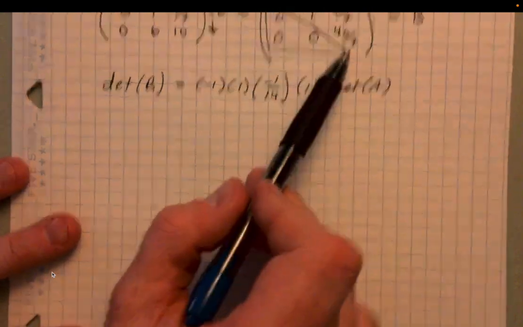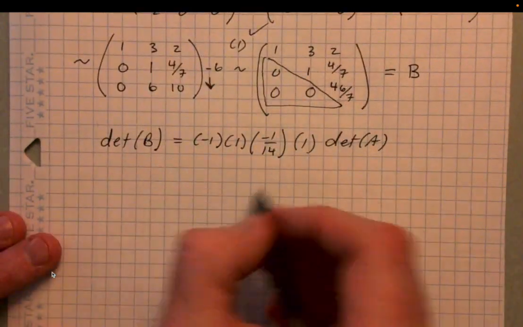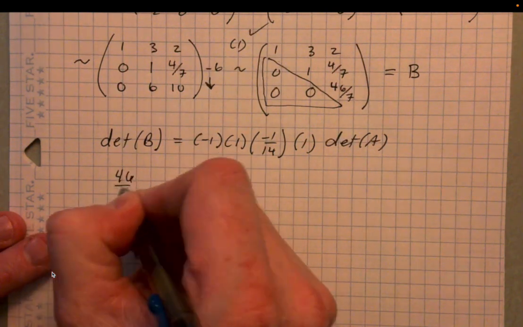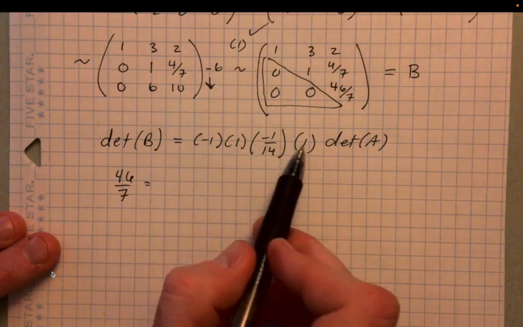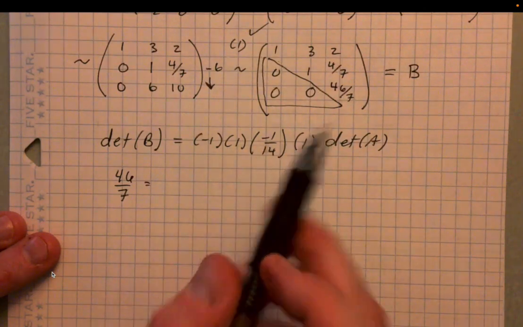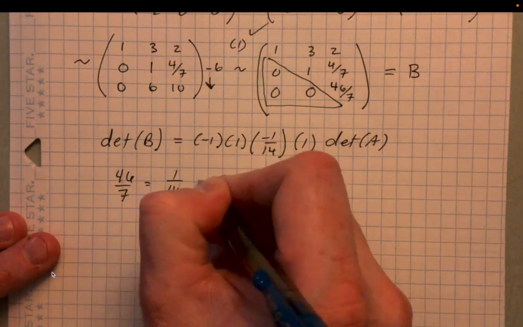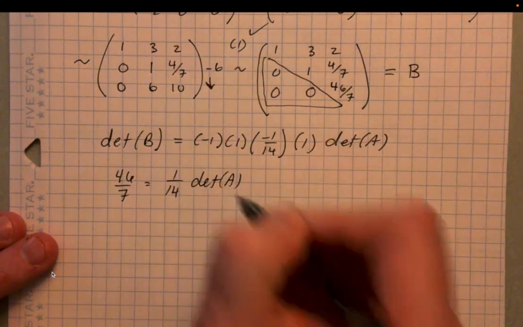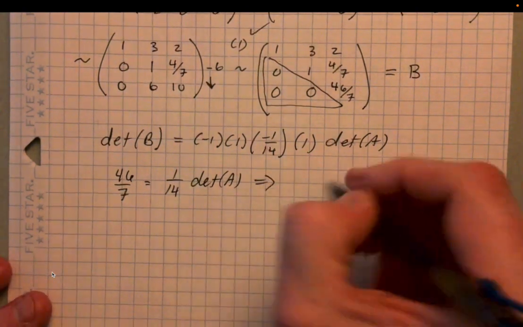Now the determinant of B can be pulled off of this thing really quickly, right? And so that means what? 46 over 7 is equal to, I'm just going to get rid of all of this stuff that doesn't matter here. So 1 times 1, those don't matter. Negative times a negative. So this is 1 over 14 times the determinant of A. Okay, and so I can quickly calculate the determinant of A by just solving this equation.